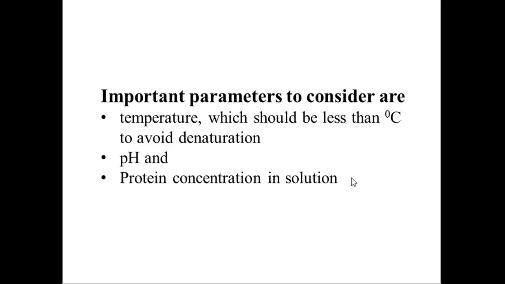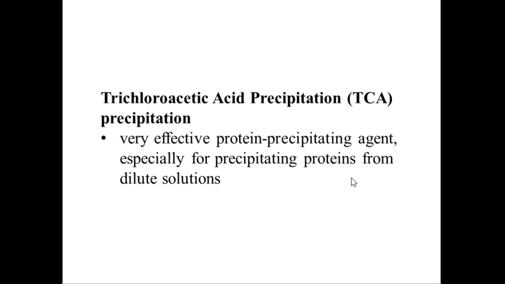And number 2, pH. And number 3, protein concentration in solution. So these are some of the important parameters that need to be considered when you are looking for organic solvent driven precipitation.